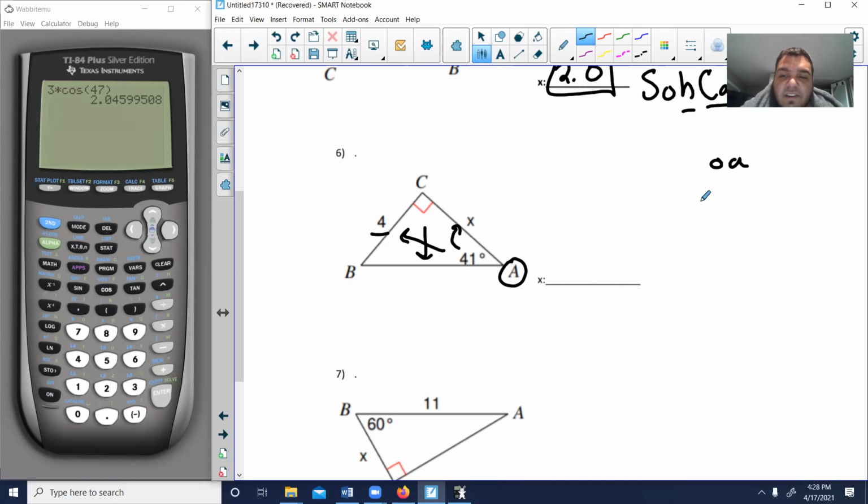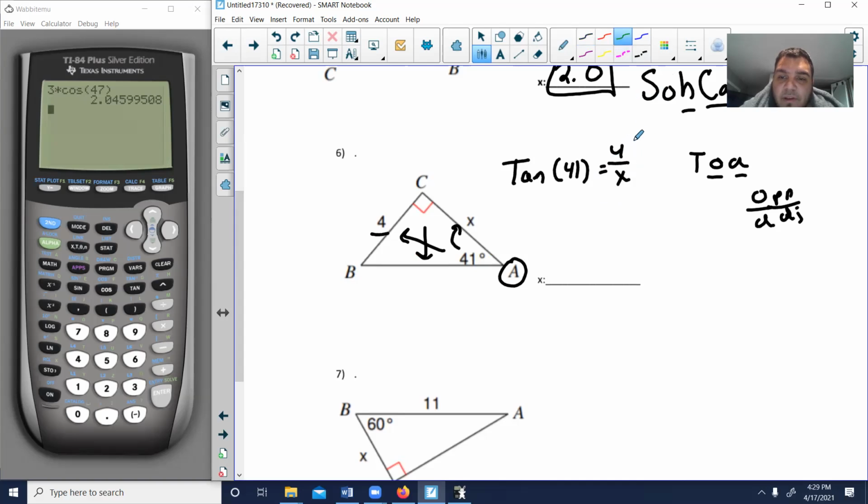CAH uses the H, that's not it. So TOA is the only one that's left over that uses the O and the A. Remember, the O and the A tells you what order it is. So it's always going to be O over A, or opposite over adjacent. So let's plug in all the numbers. So this is going to be tan of 41 equals opposite, which is 4, over adjacent, which is X.